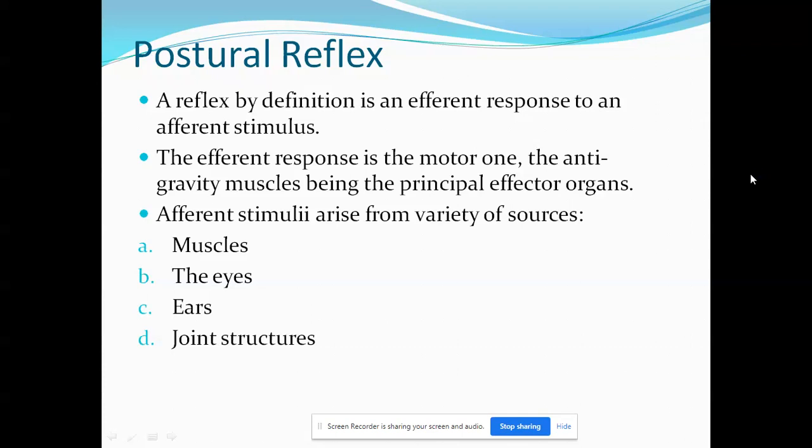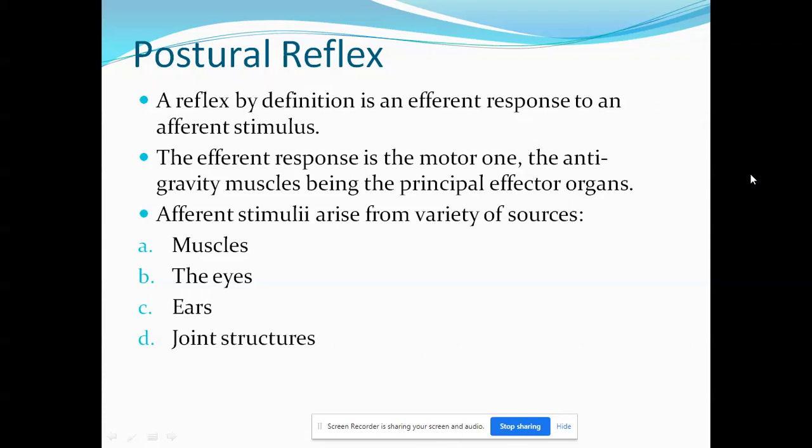The efferent response is the motor one. Even in postural reflex, the efferent response is the motor one, the anti-gravity muscles being the principal effector organ to maintain the posture.